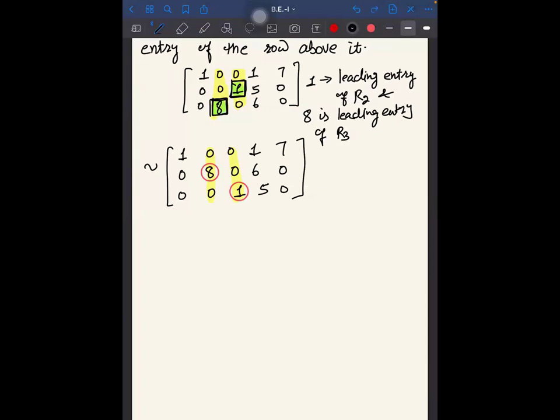Is your 1 on the right of 8 or left of 8? Right, sir. Yes, now it is echelon form. Is it okay? So basically what we are doing is increasing those zeros in a sort of upper triangular manner.